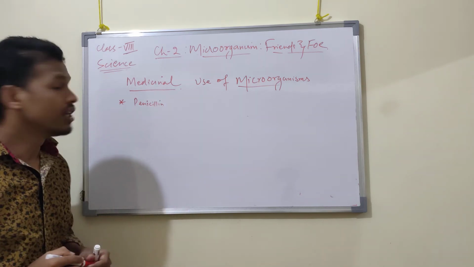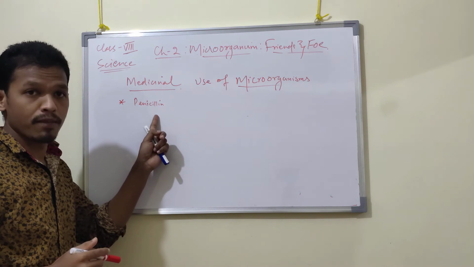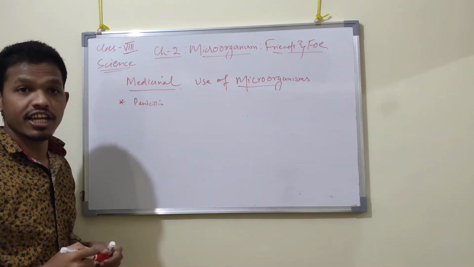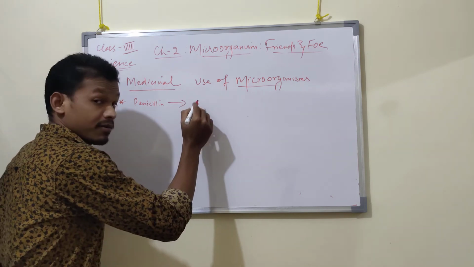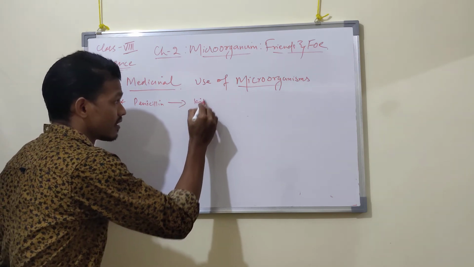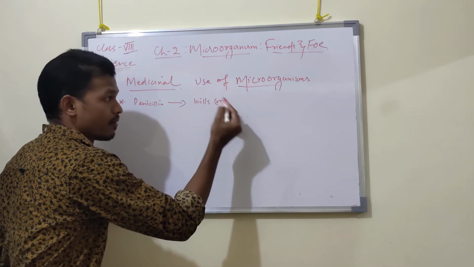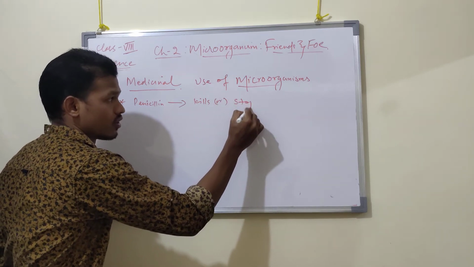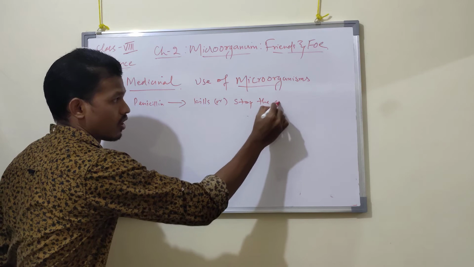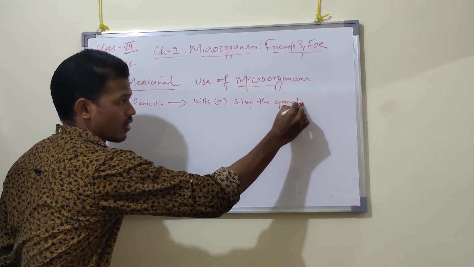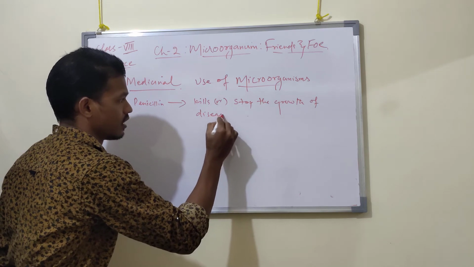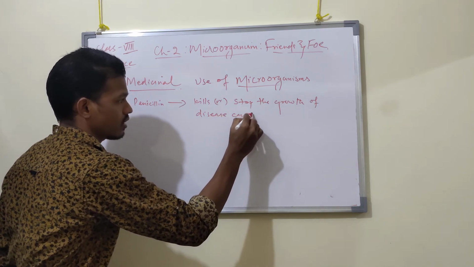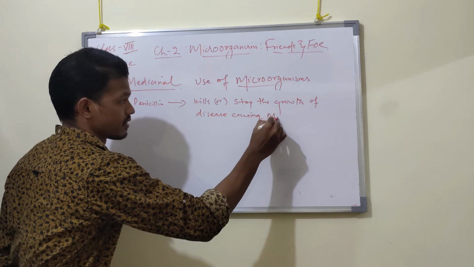Penicillin. What is this medicine called? This medicine, penicillin, kills or stops the growth of disease-causing microorganisms.